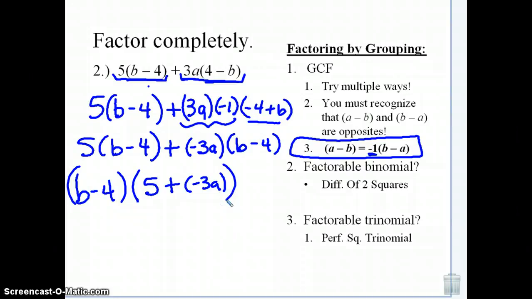Josie. Very nice. The addition and the negative turns into a subtraction. And now I have it completely factored. That is pretty cool. It's not too bad. This is grouping. It works really nice. We have 4 terms.